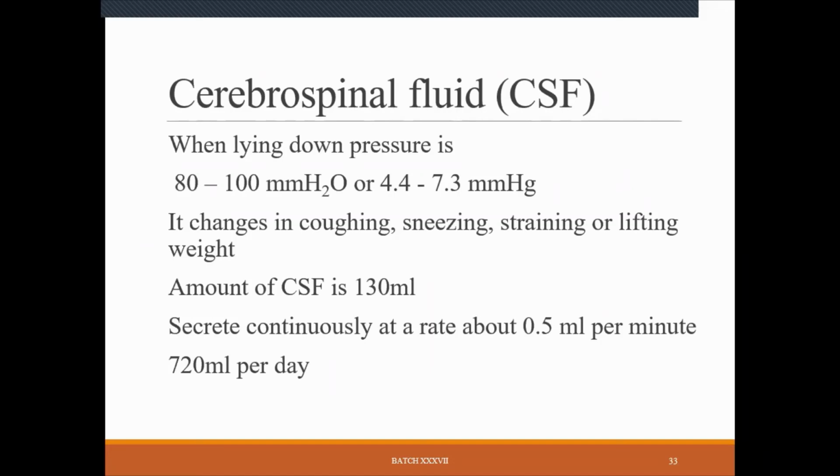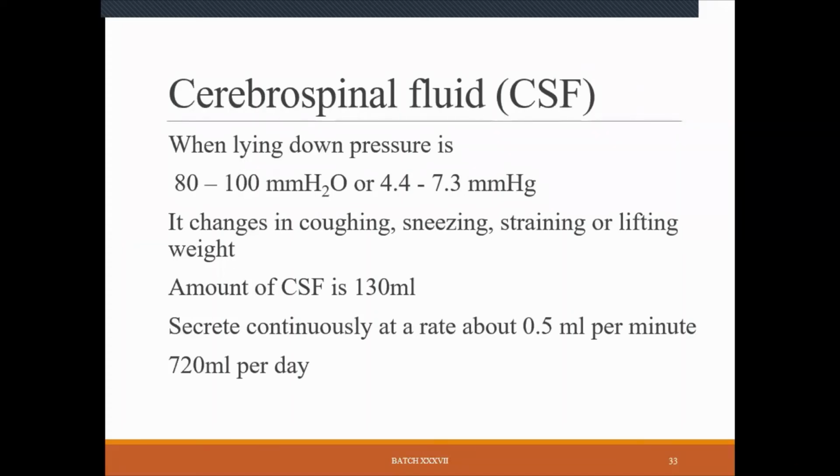So that means about 720 milliliters per day. Every time the cerebrospinal fluid is secreted into the system, if you collected it, it would be about 720 milliliters per day.